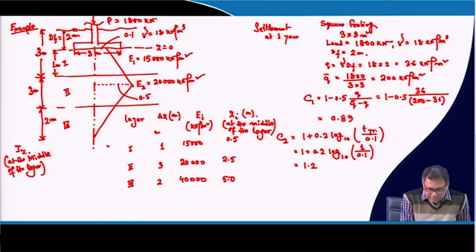And here I will calculate Iz divided by Ei into del Z, which is in meter cube per kilonewton.